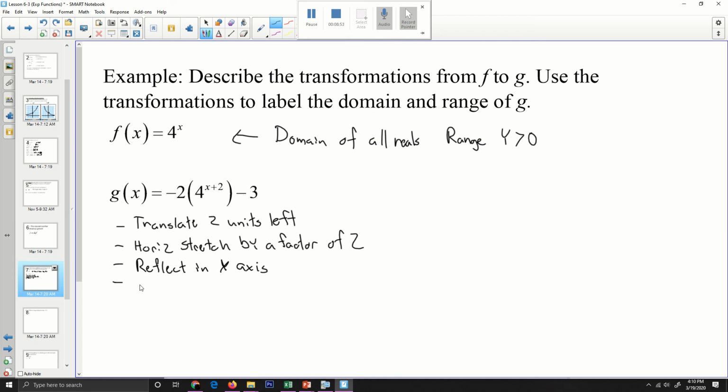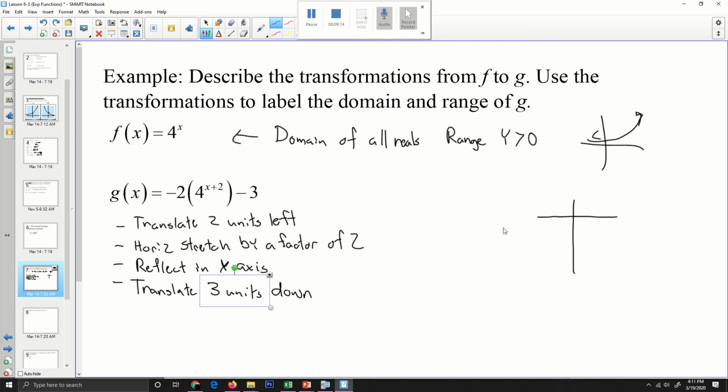And then we'll subtract 3, which is a translation 3 units down. So this original graph looks something like this, and my new graph is going to look something like this.